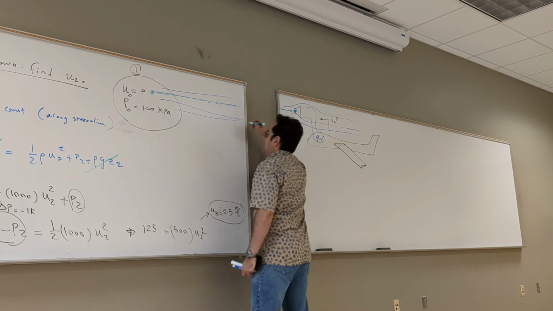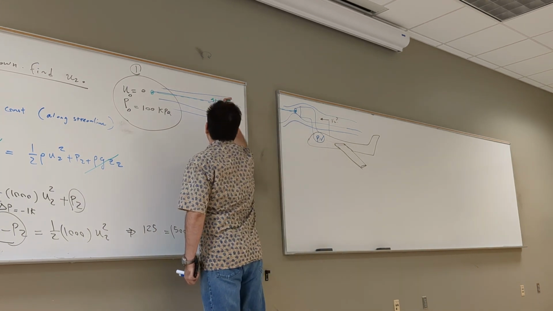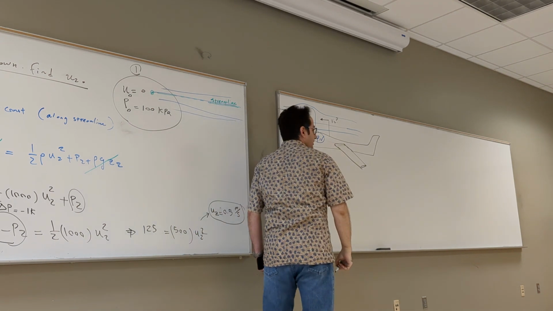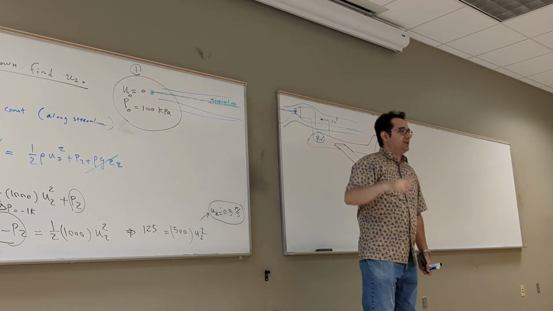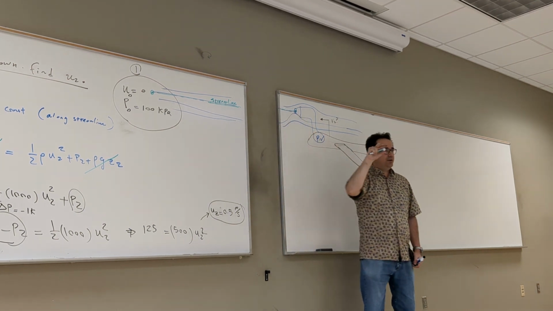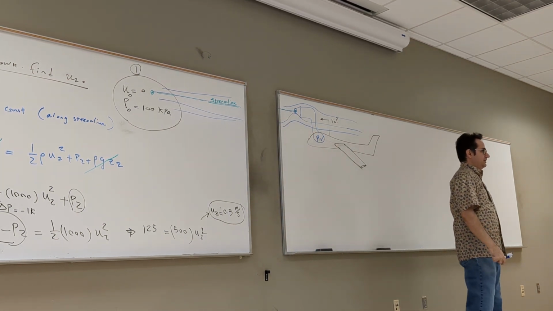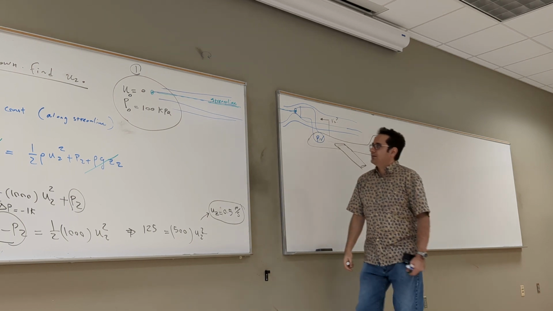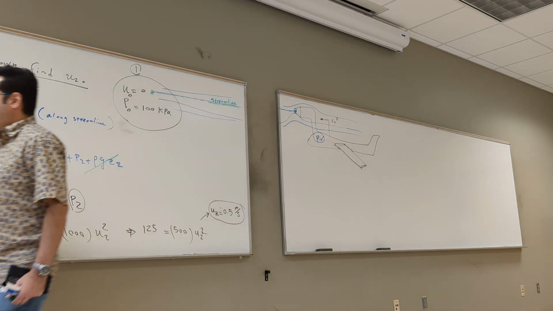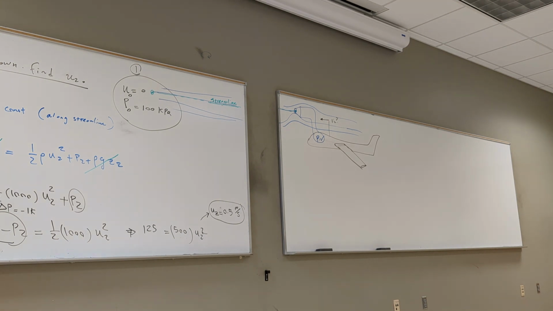This is a very special streamline. It exists, that particular streamline that starts somewhere at infinity and ends at the tip of that pipe. Right? So across this streamline, write the Bernoulli equation.